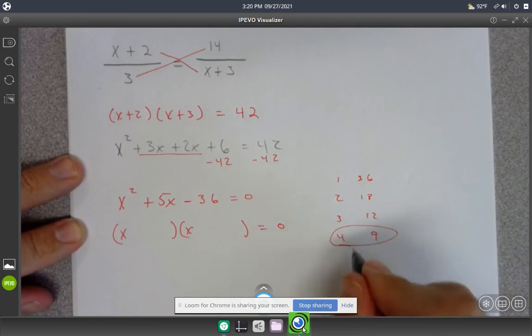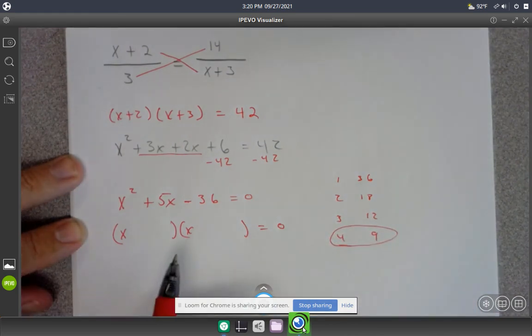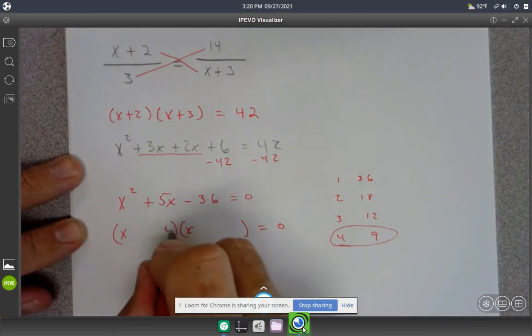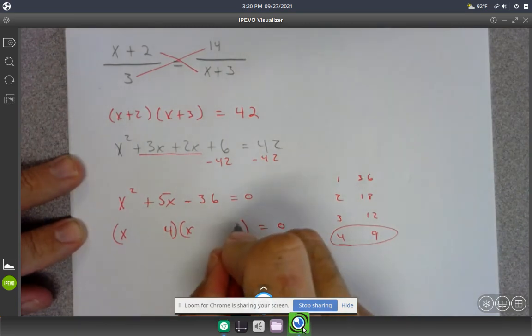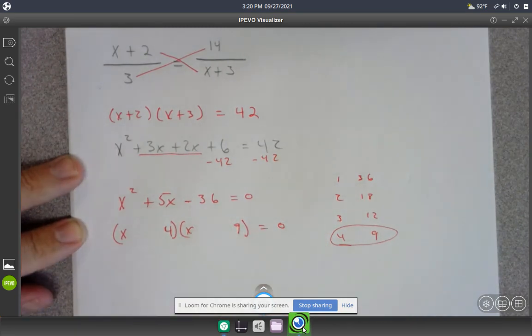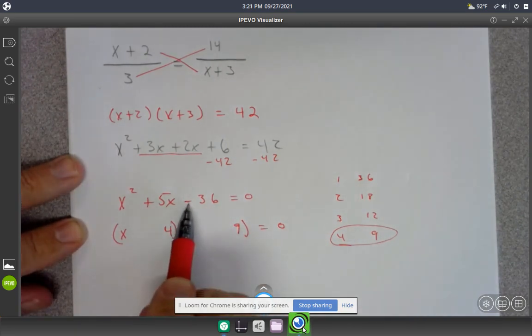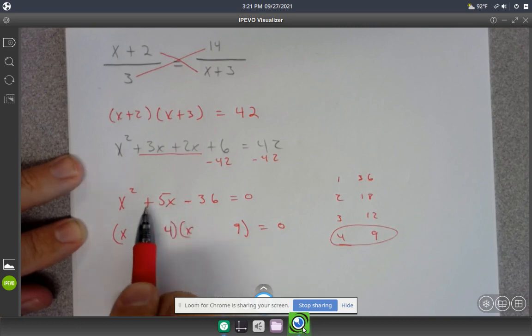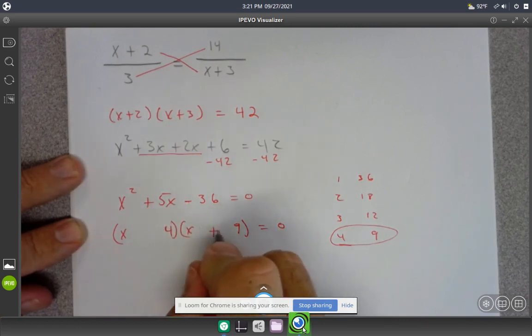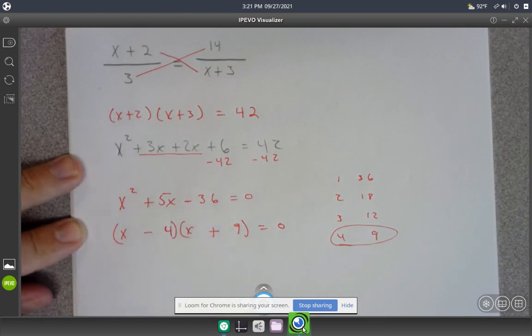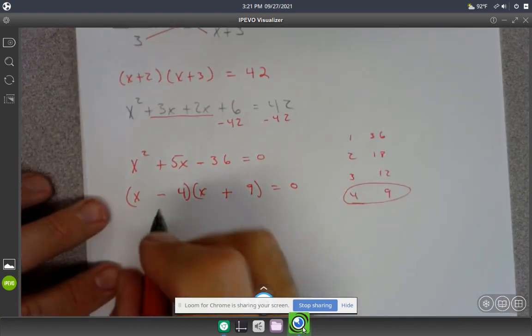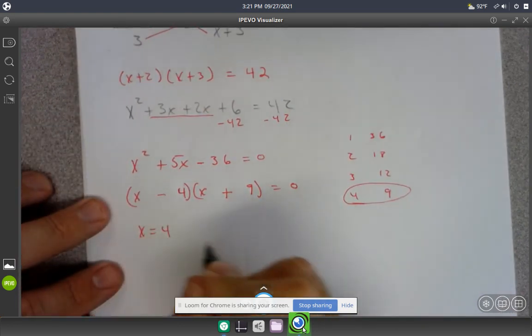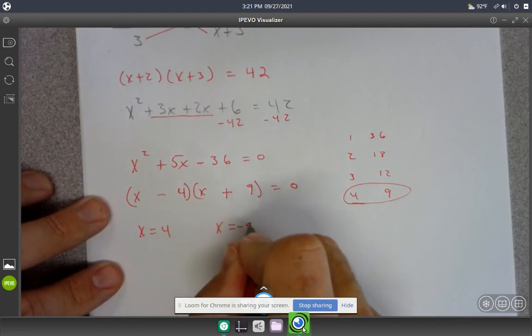These multiply to 36, and they will subtract to give me 5. They're different signs, and the bigger number needs to be positive. Okay, it's factored. The answers are x equals 4 and x equals negative 9.